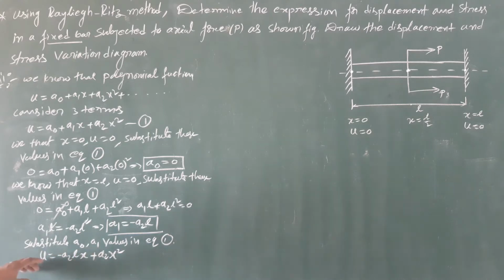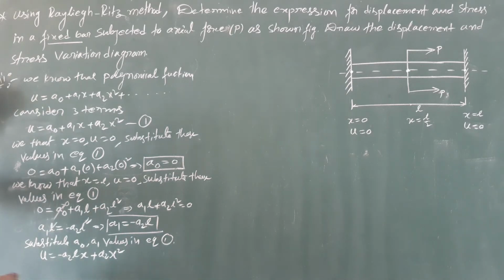Differentiate this equation with respect to x, then we will get dou u by dou x. We know that minimum potential energy phi is equal to strain energy minus work done.